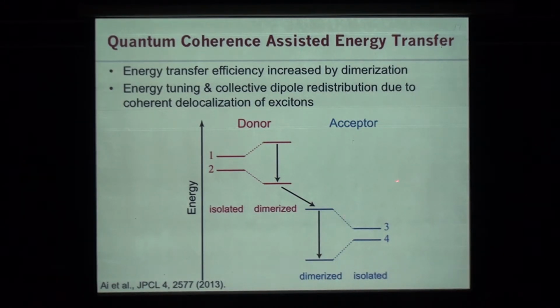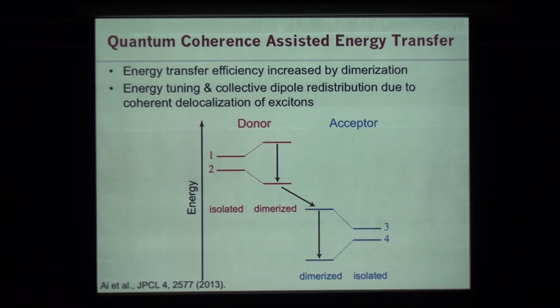And then you have the acceptor, the same picture here. So if they are dimerized, and coupling between donors is stronger, then this splitting is bigger, then you have a better energy matching between this lower energy donor state and this higher energy acceptor state. That will allow a faster energy transfer from this donor pair to the acceptor pair. That's the basic principle.